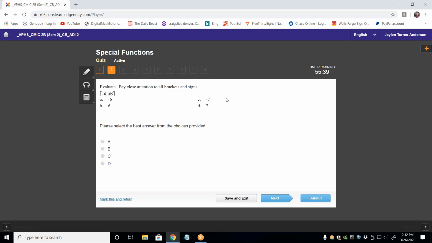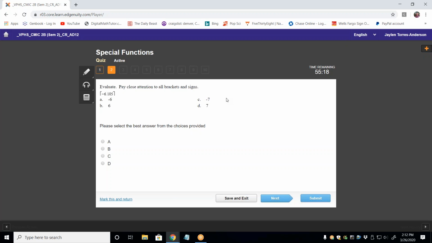Okay, so which way are we going to go? Right or left? Okay. What's the first integer that you run into when you go to the right? That's not an integer.